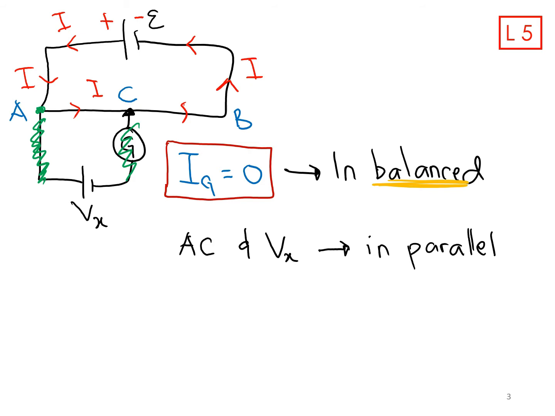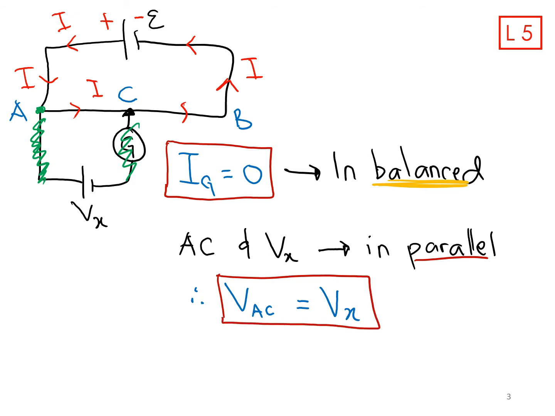And when it is in parallel, therefore the potential difference across wire AC is equal to the potential difference of battery X. It has the same value because they are in parallel. So that's the basic concept in potentiometer.